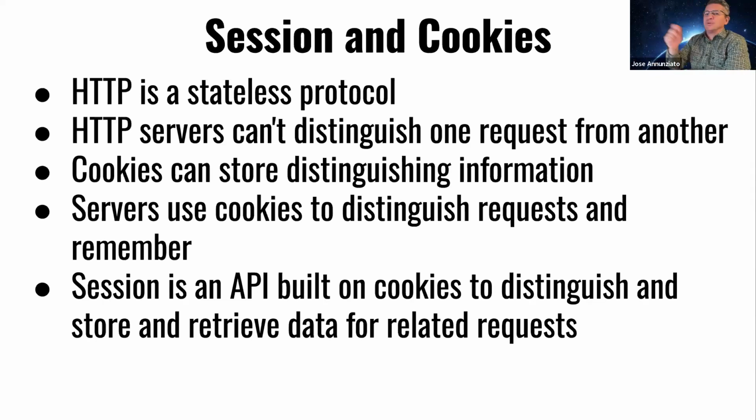Now that I can distinguish who you are, I can write code around knowing who you are, so we can store things for you, or we can store things for someone else.